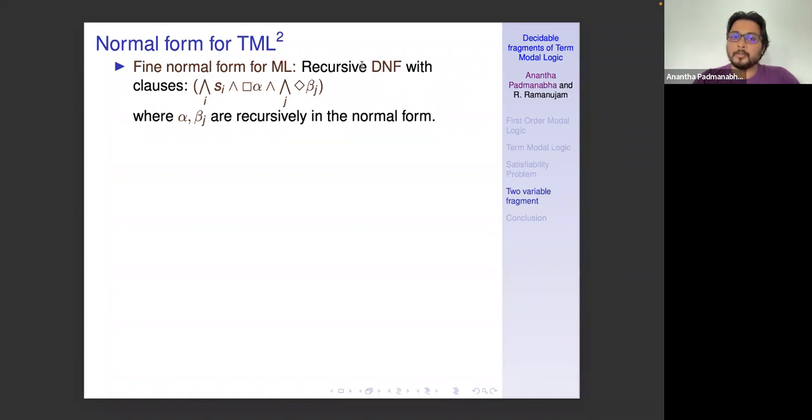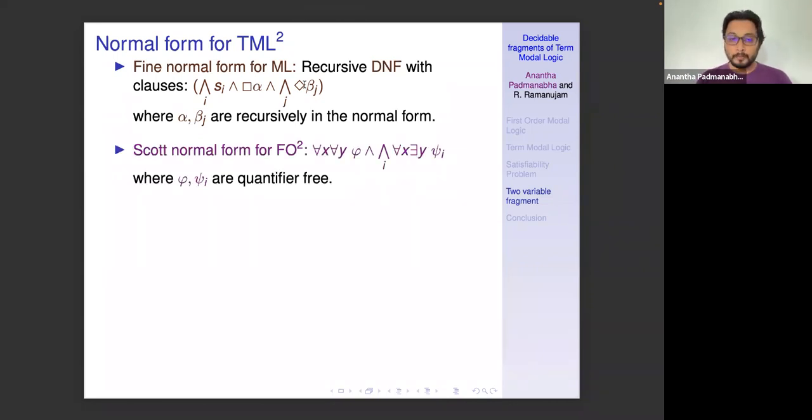Now, what does recursive mean? Look at this alpha and beta j, right? They're also in this normal form. That is what recursive means. So it's a DNF where each clause has some finitely many literals, one box formula, and finitely many diamond formulas. And whatever formula is within the scope of the modality is recursively again in this form, right?